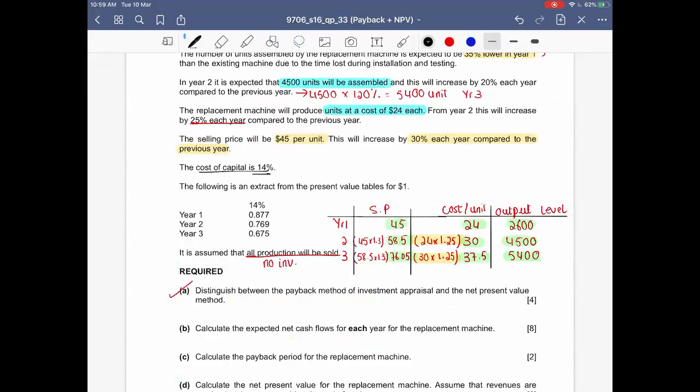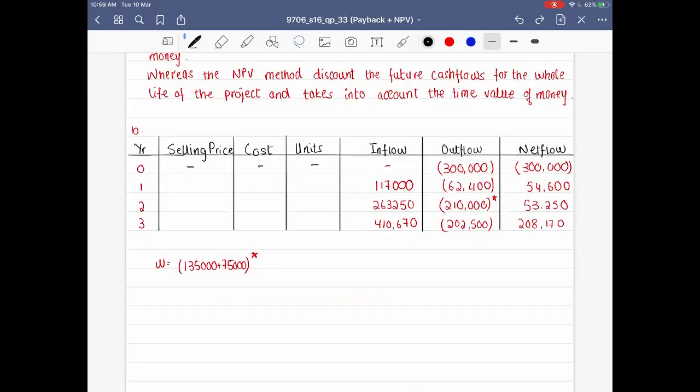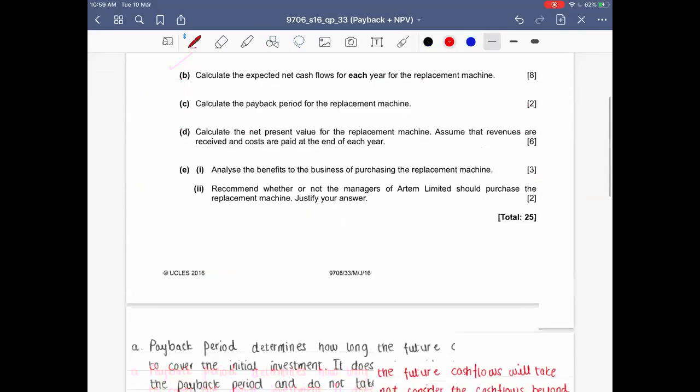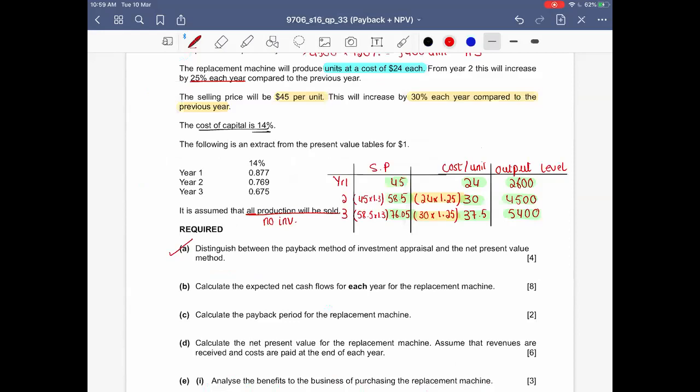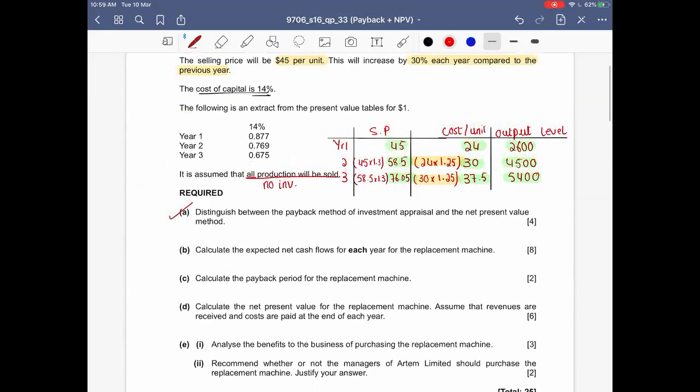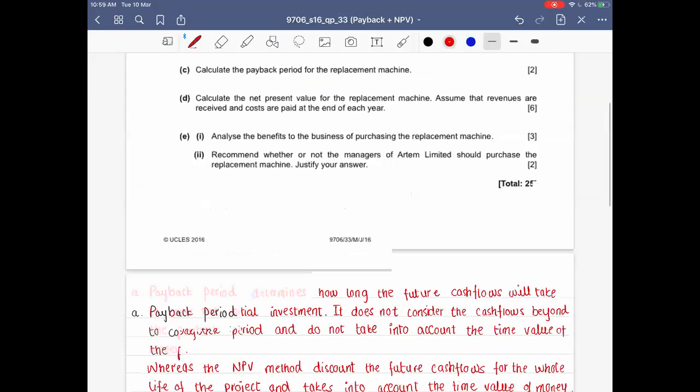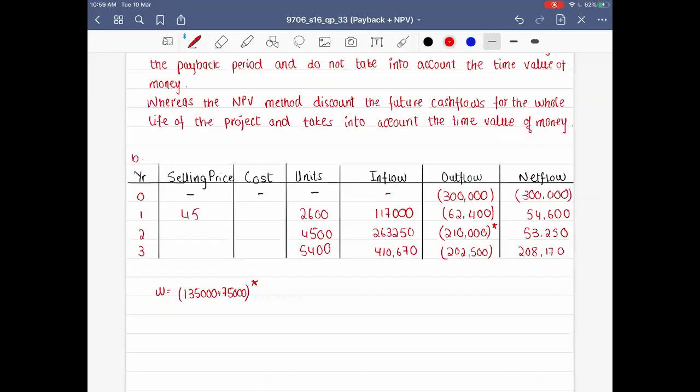Sir, 2600, 4500 and 5400. Selling price is 45, 58.5, 76.05.